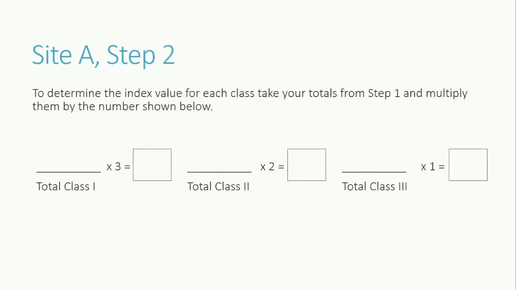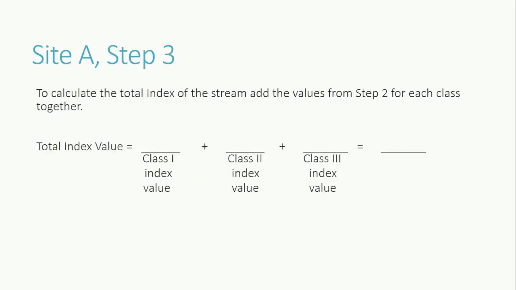For Step 2, multiply the total species of each class by their specific weight. Here's the index values you should have calculated. Now add together the index values you calculated in Step 2.